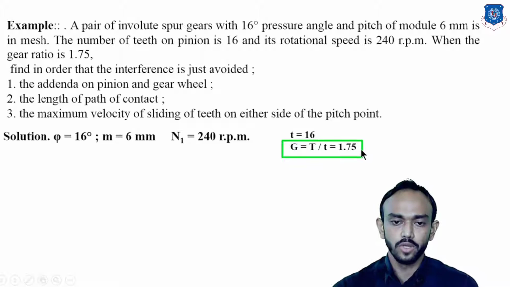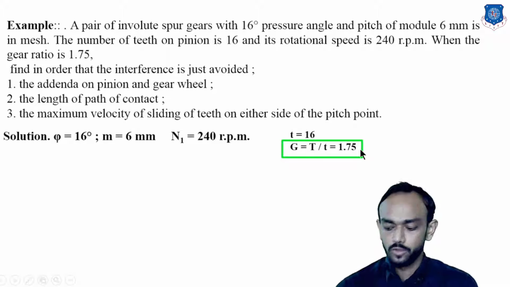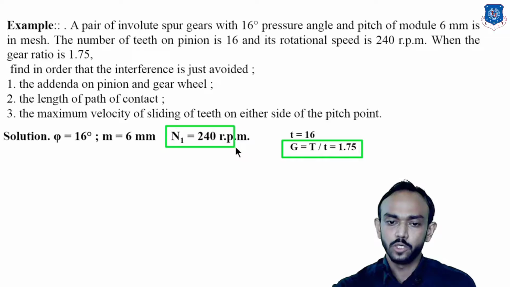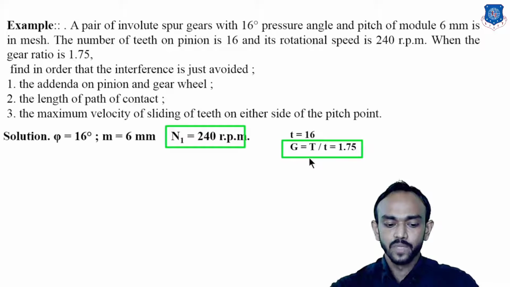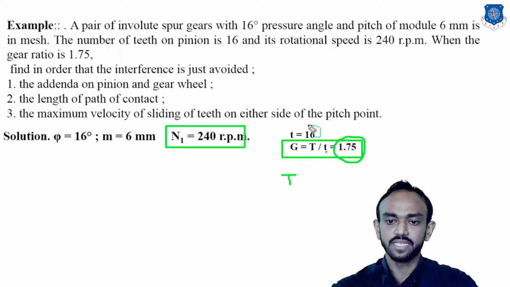We know that the gear ratio is equal to the ratio of the teeth or the ratio of the velocities, so you can find the rpm of gear 2 using this gear ratio, and you can also find the capital T, because you already know that 1.75 is the gear ratio and small t is 16.